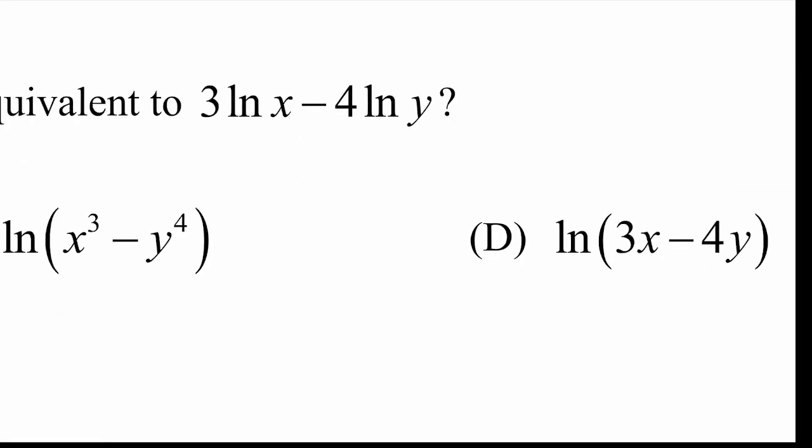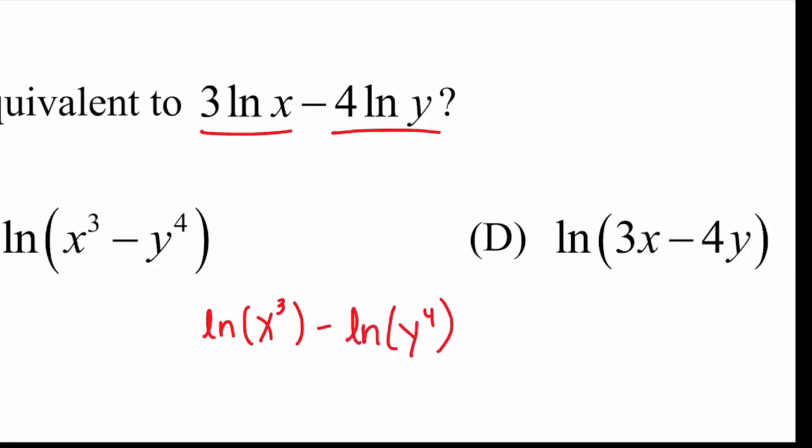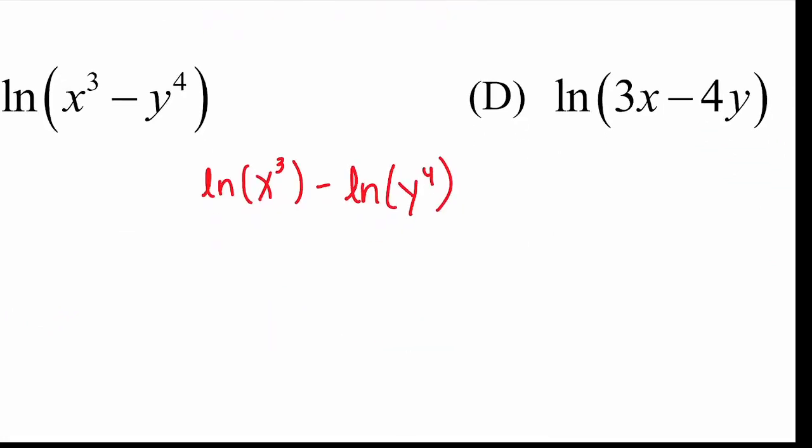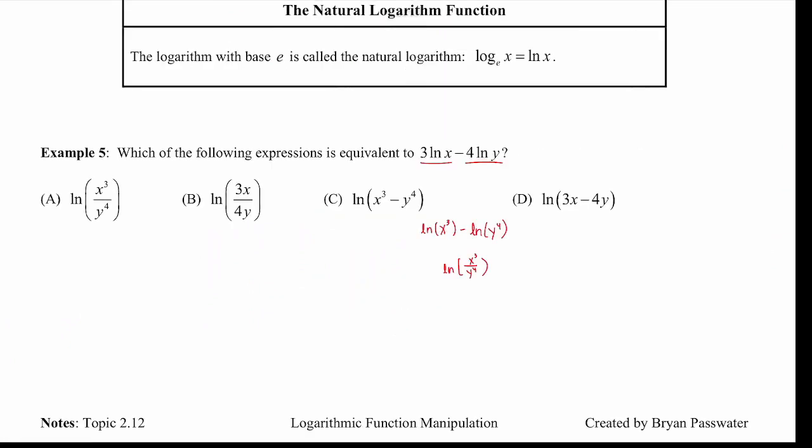For each log here, I can apply the power rule. I can rewrite this as natural log of x to the power of 3 minus natural log of y to the power of 4. Then I can apply the quotient rule and rewrite this as natural log of x cubed divided by y to the power of 4. And I believe that should be one of my answer choices. A.